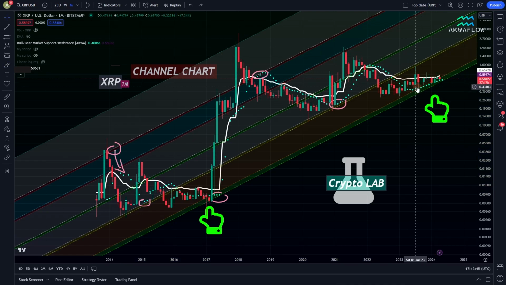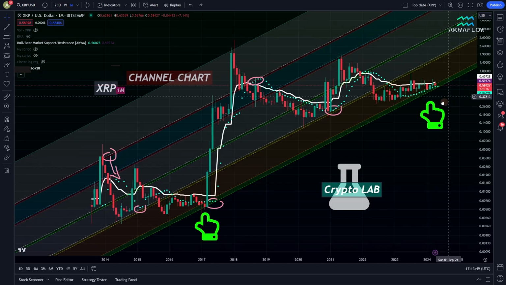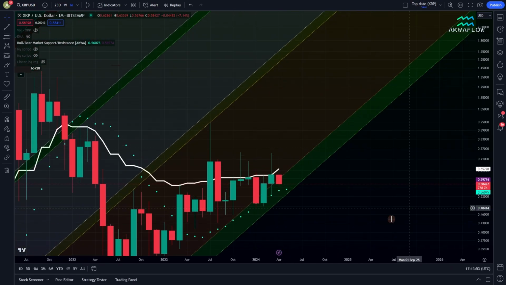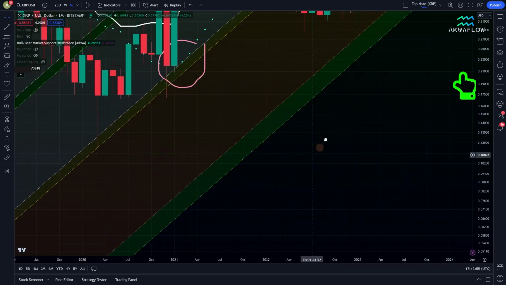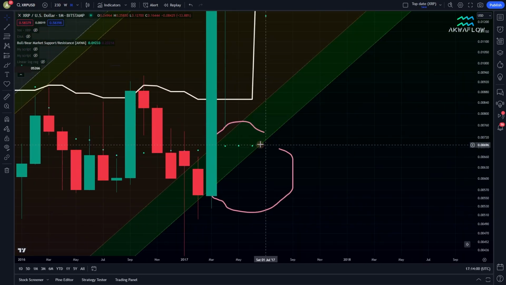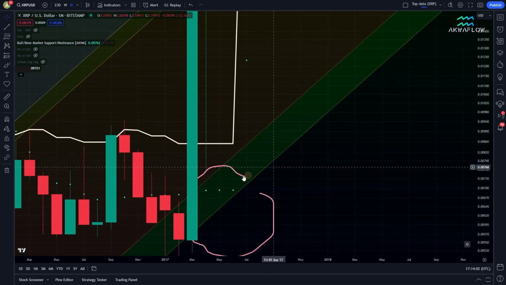So what does it mean for us? It means that we are pretty close to know if XRP will be able to bounce from this level. As you can see here, when we were about to cross the green area, we have the dots coming up like this, going up, right, to the moon.